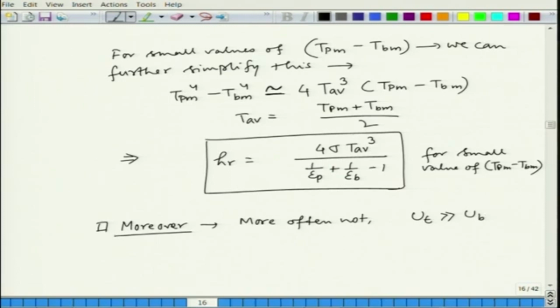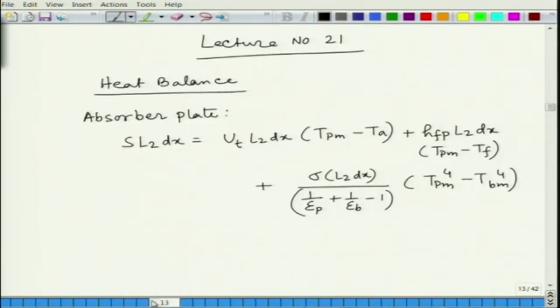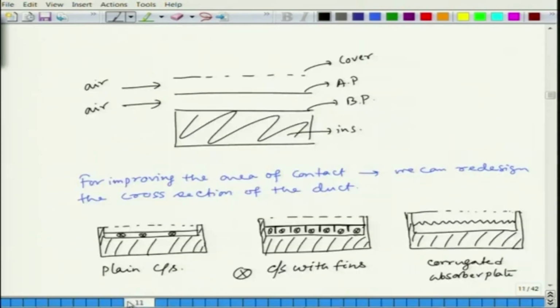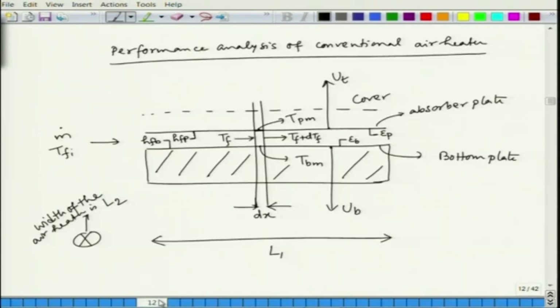The bottom part what we have here, in the bottom part we have this total insulation, right. This is insulation, and the loss through that part is really small compared to what is happening towards the top. Towards the top we have the cover and the top plate which is heated.